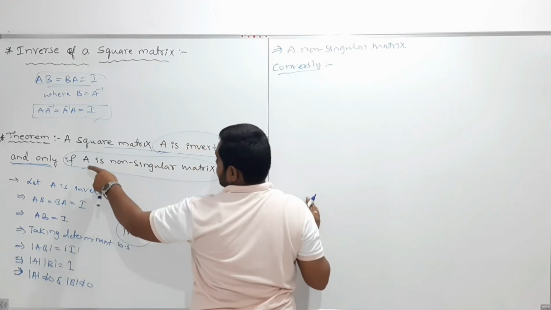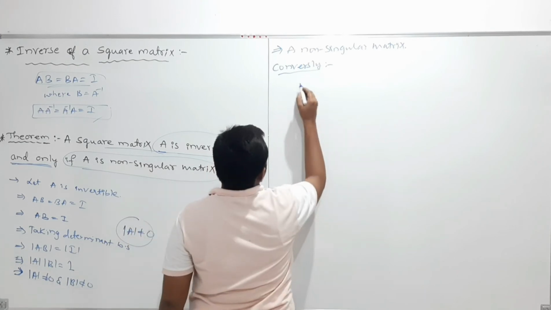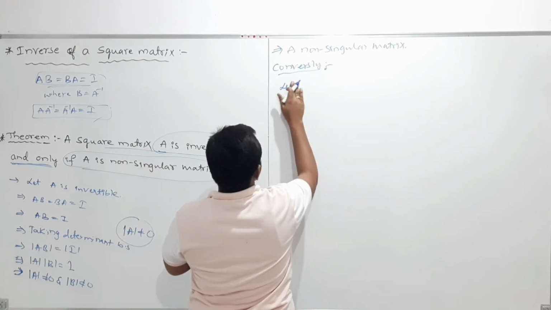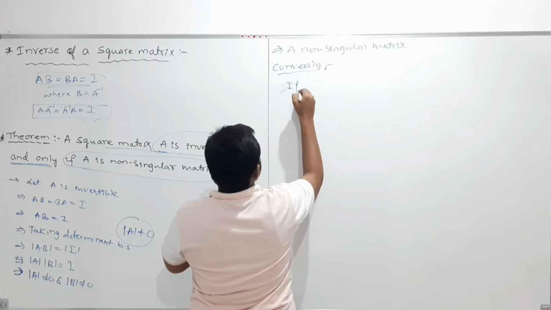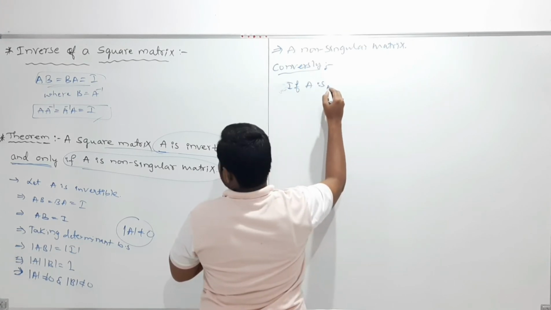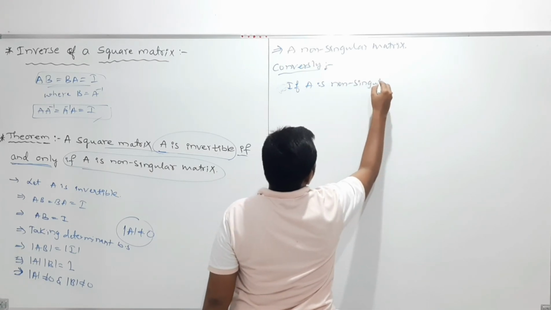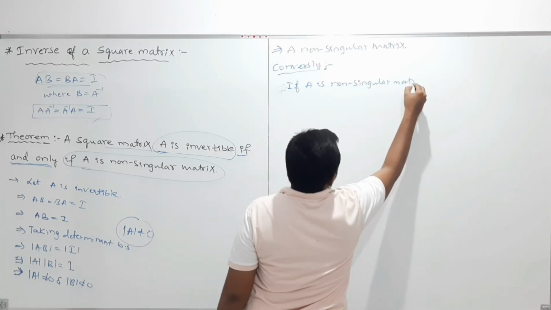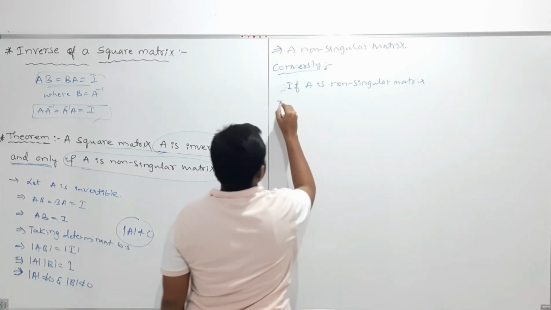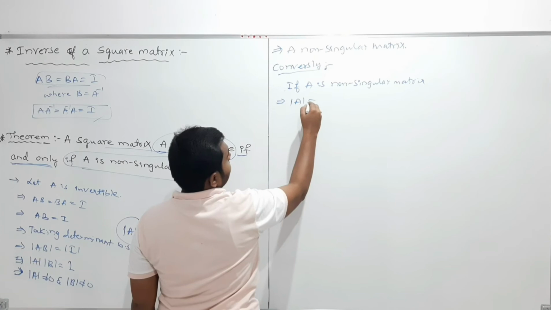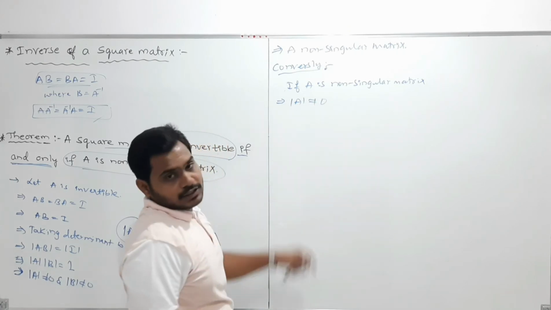The second part I am taking is: if A is a non-singular matrix, what does it imply? It implies that determinant of A is not equal to 0.